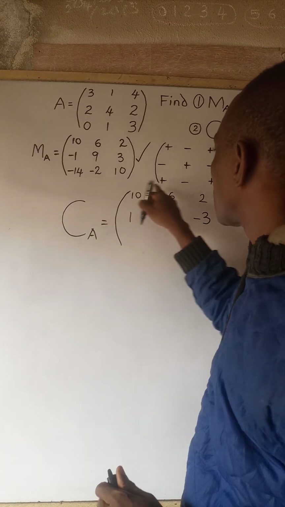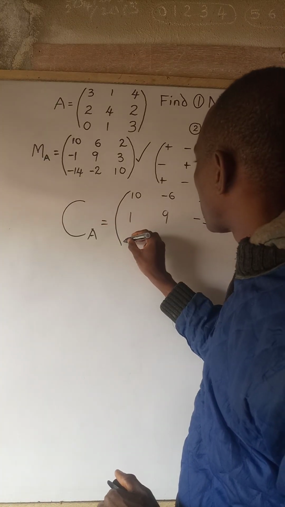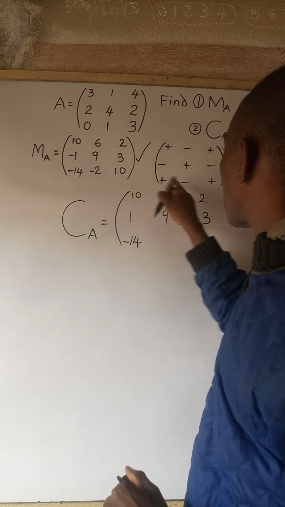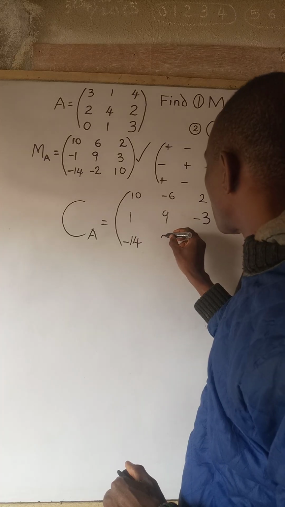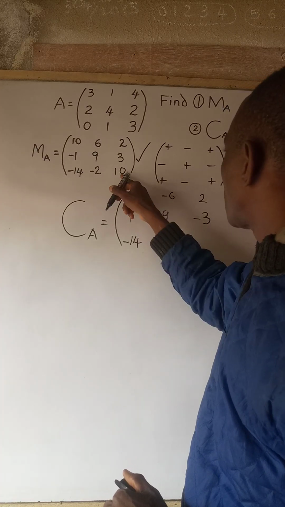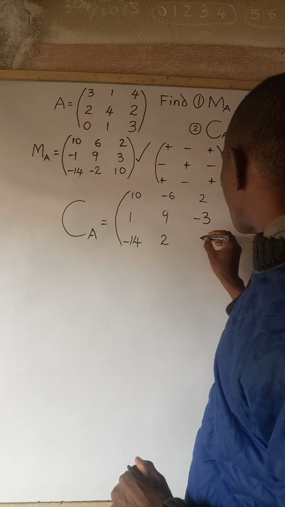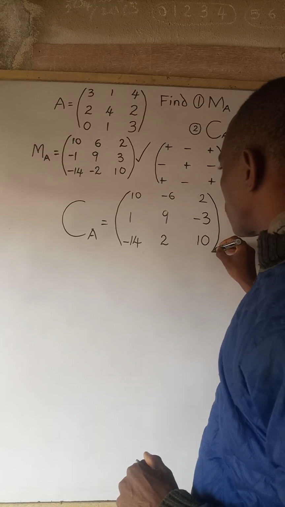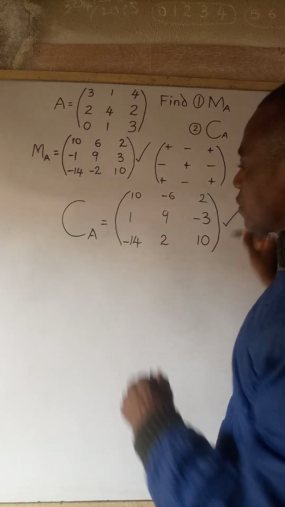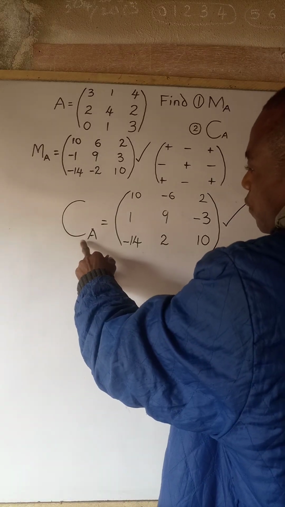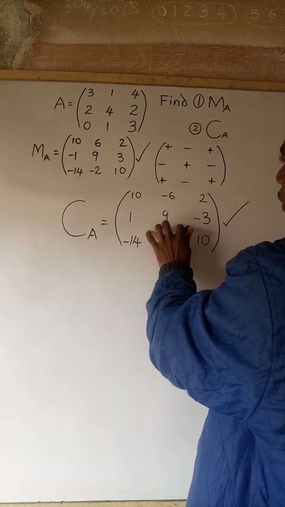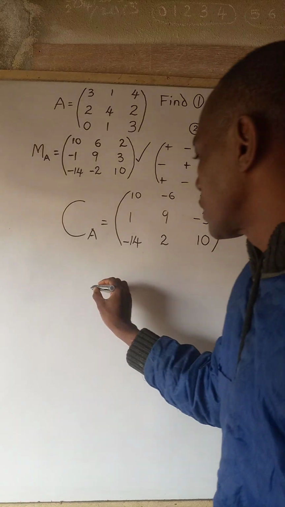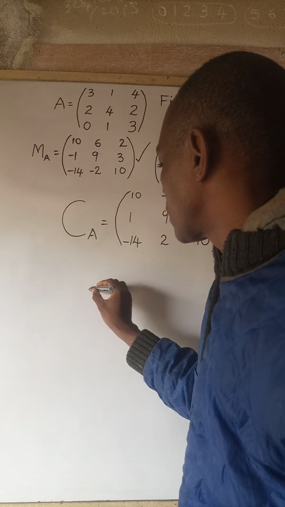Minus 14 times plus 1 will give us minus 14. Minus 2 times minus 1 will give us plus 2. 10 times plus 1 will give us 10. So this is the answer to the second question. The matrix A of cofactors is what we have here, while this one is the minor.